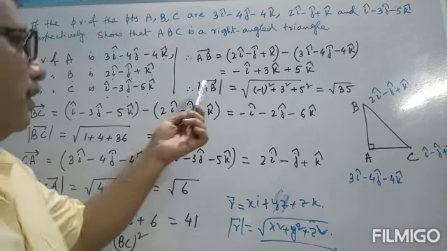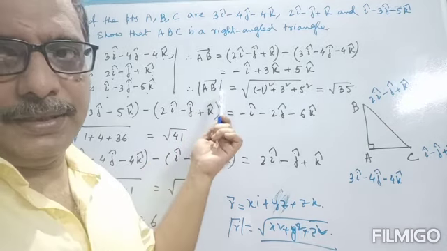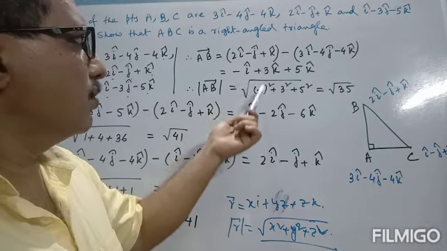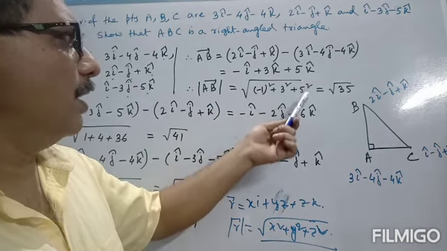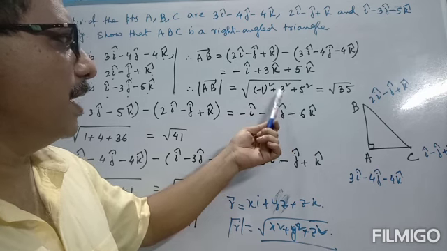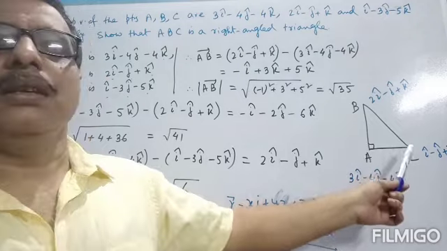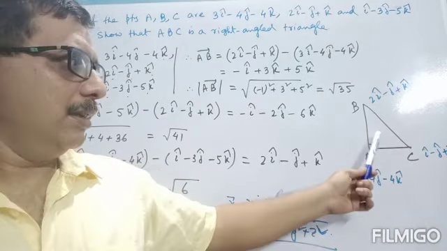Now the magnitude of the AB vector is root over minus 1 square plus 3 square plus 5 square, that is 1 plus 9 plus 25, which is root 35.